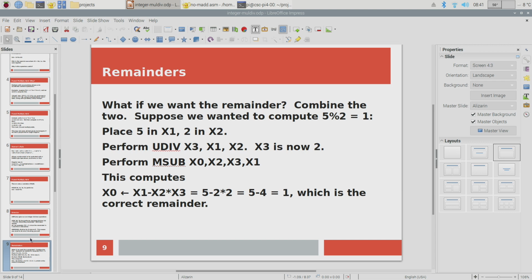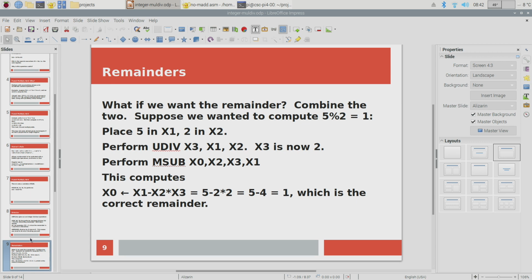Okay, so do the division, and now the quotient I have sitting in x3. If I've got the quotient and I knew what I was dividing by, then what I'm going to do is original number minus quotient times divisor, which is the M sub operation.